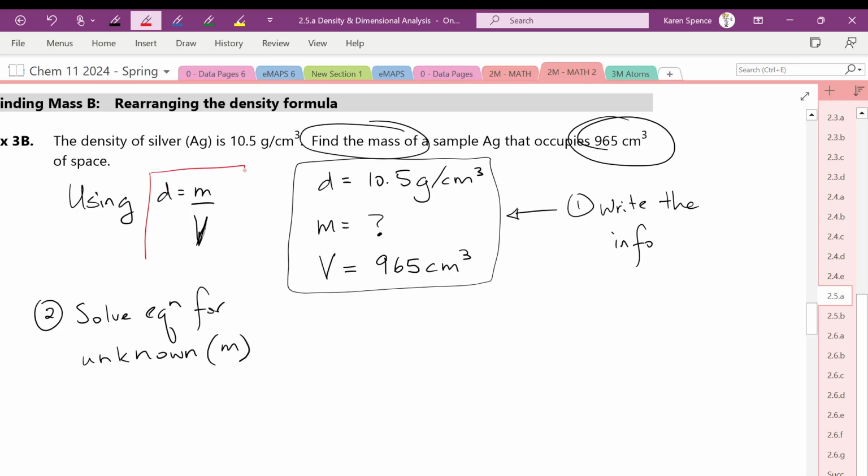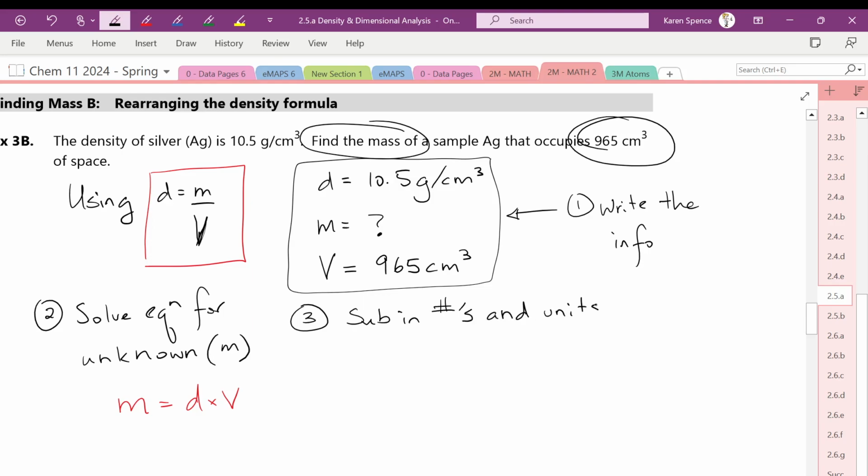So we need to take D equals M over V and solve for M. M is equal to D times V. And then the third thing we're going to do is sub in the numbers and units.